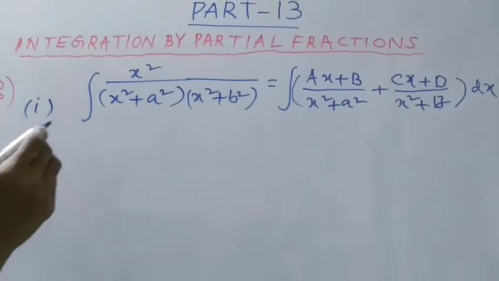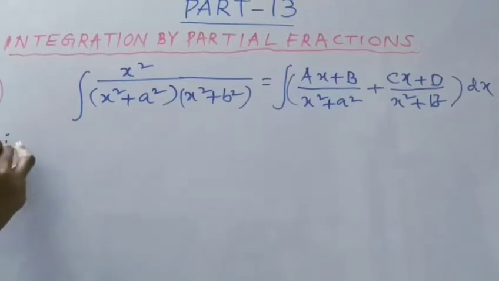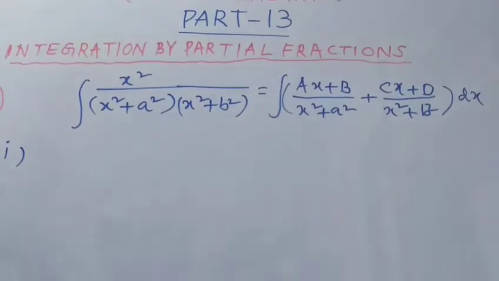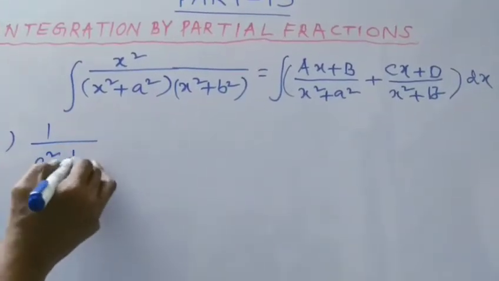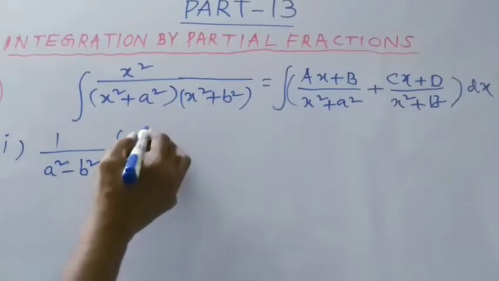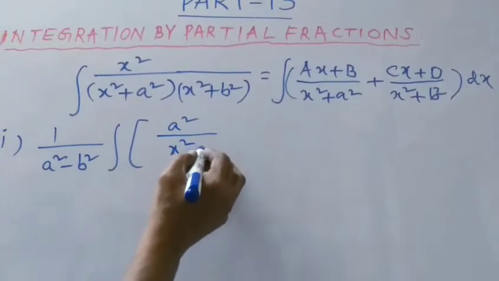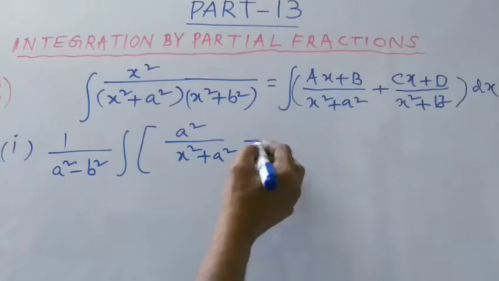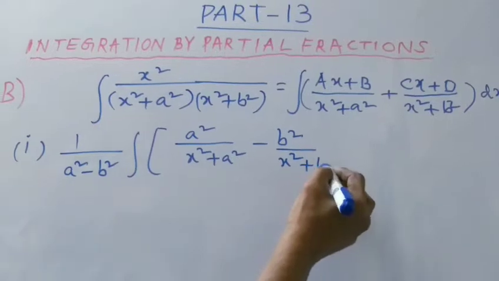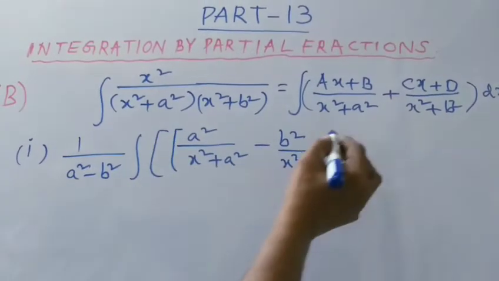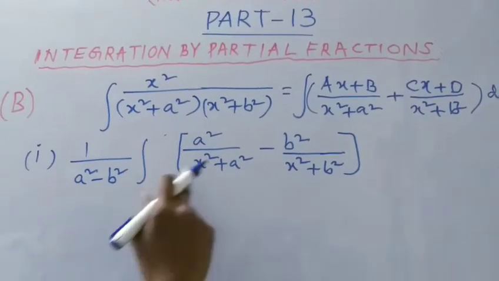In this, the first one, one by a square minus b square integral of a square by x square plus a square minus b square by x square plus b square dx.